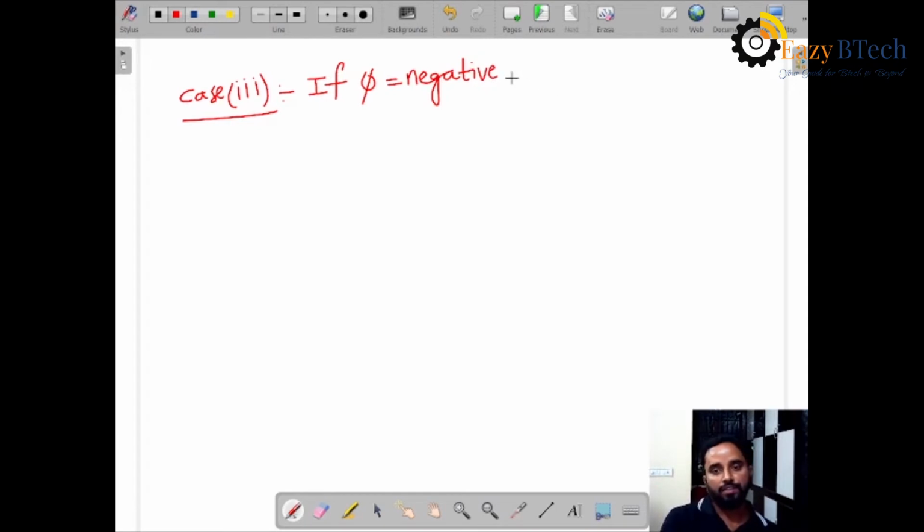Now I will write the function first. X of t will become sine omega naught t minus phi, because phase is negative.